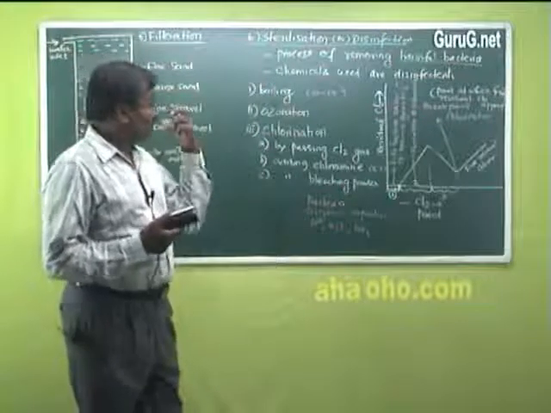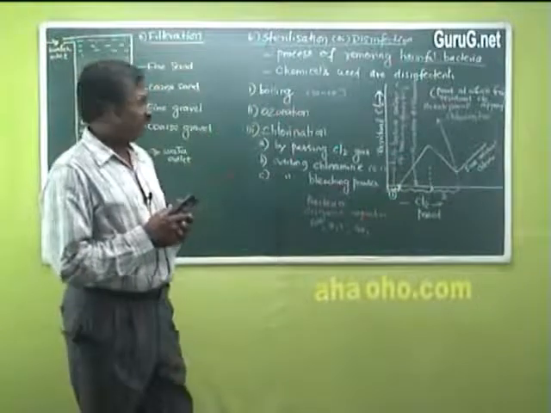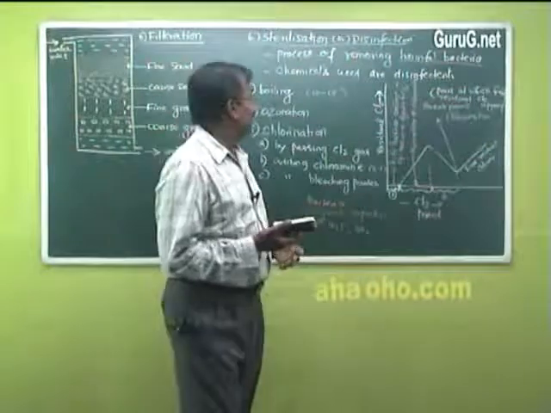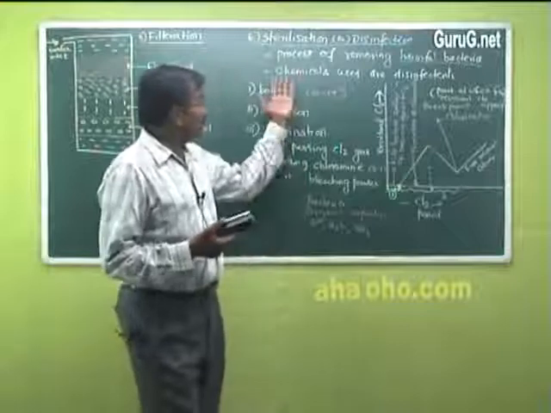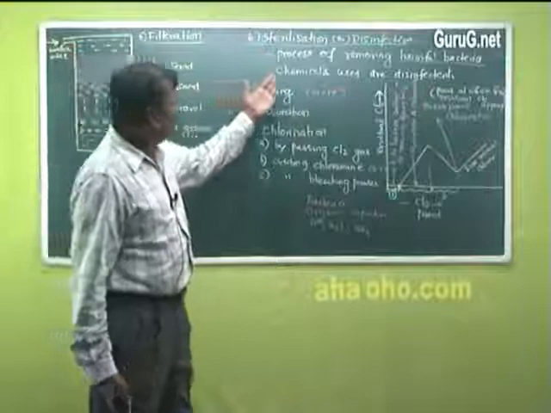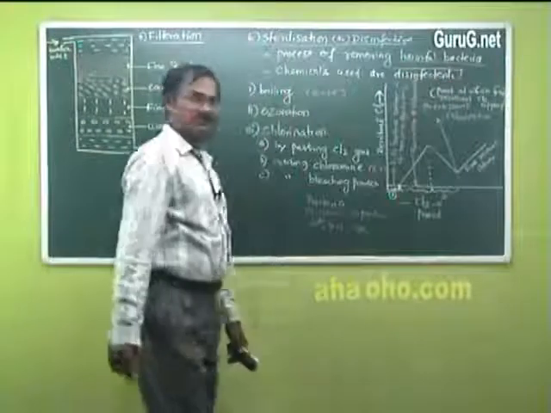Is there any way to separate whether the bacteria is harmful or not? It's not like that. You are just specifying harmful bacteria for clarity. So the process of removing harmful bacteria by some chemicals is called sterilization, and the chemicals used for this purpose are called disinfectants.